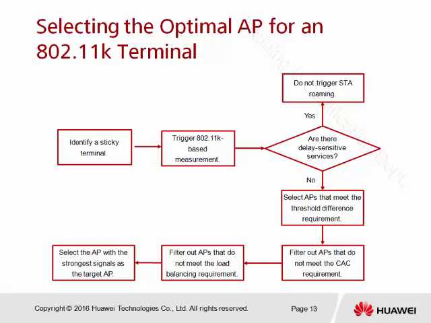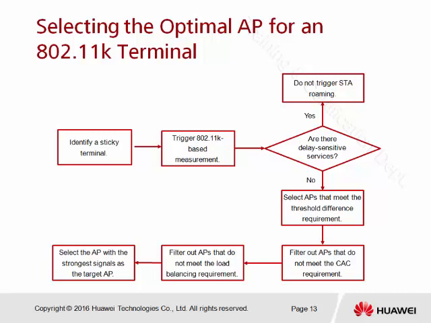So when there's no delay sensitive service, then you can proceed to the next step. Select the APs that meet the threshold difference requirement. Over here, the requirement for the threshold, we are able to configure that. Filter out those APs that do not meet the CAC requirement. Then filter out the APs that do not meet the load balancing requirement.